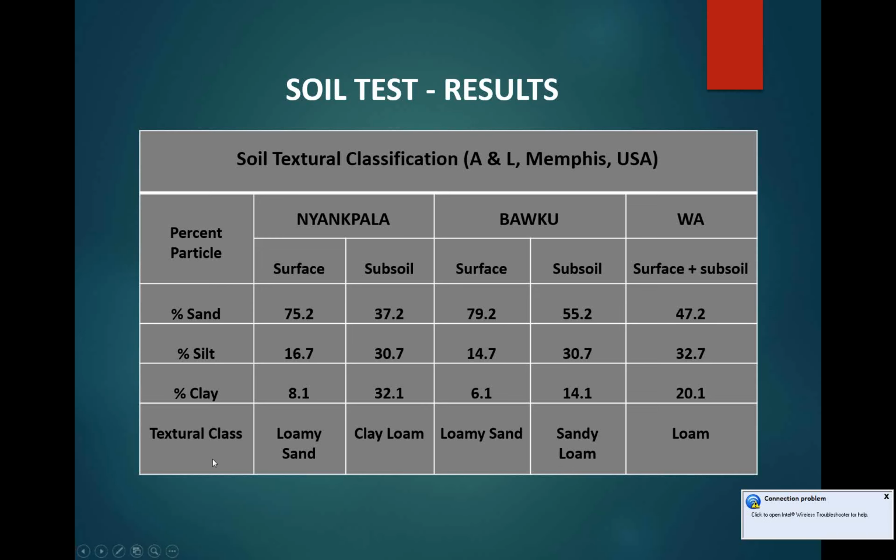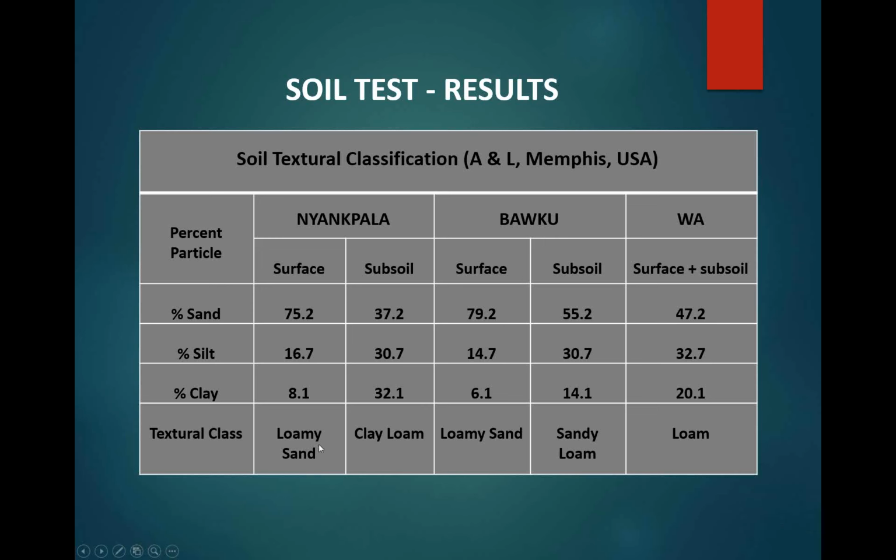So we can see down at the bottom the classification. We have the low for Yankpala. We sent these to the lab in Memphis for analysis. We also had a sample in Tamale for analysis, but the results I'm showing here are the analysis from the Memphis lab.